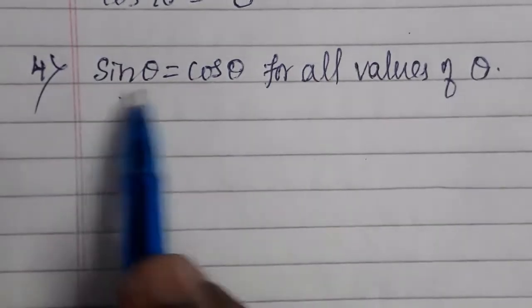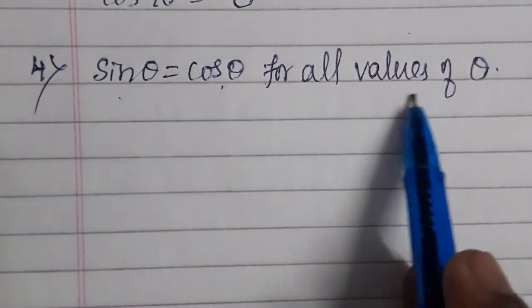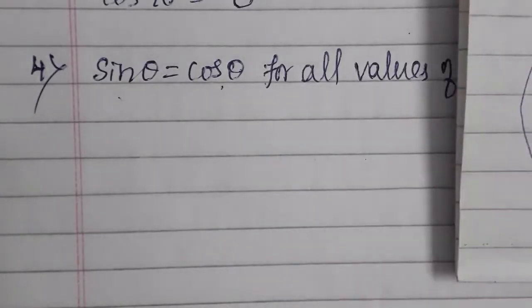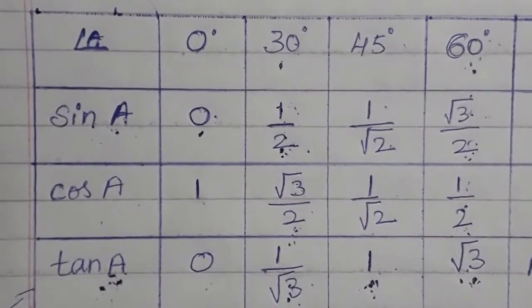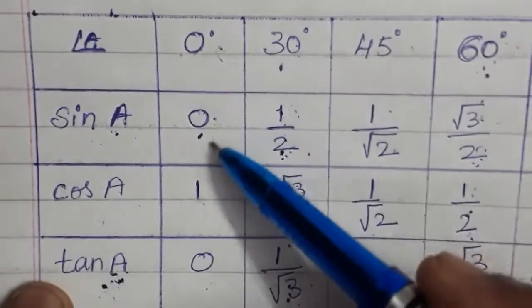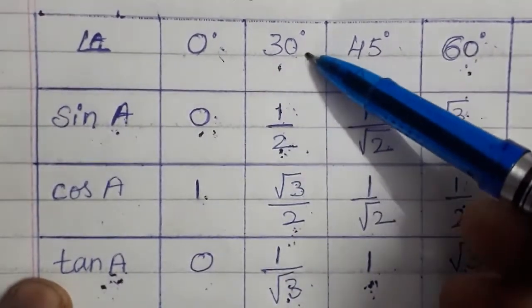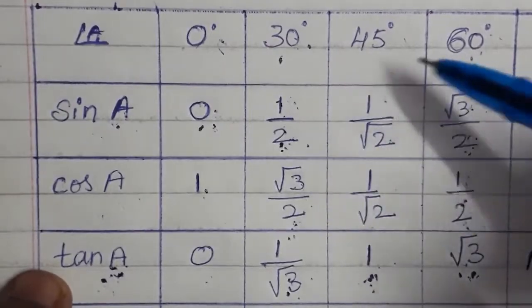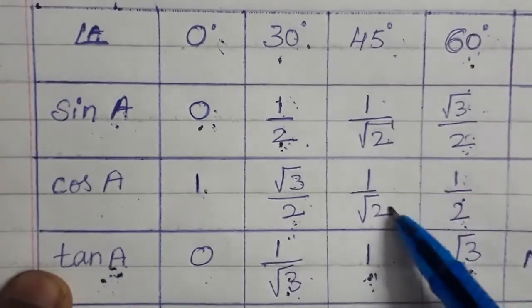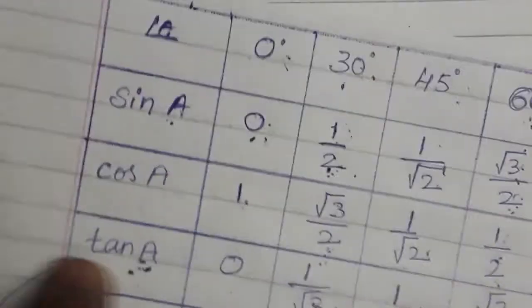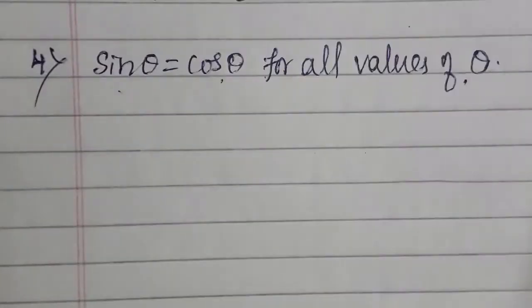The next is, sin theta is equal to cos theta for all values of theta. We will check the table. You should remember the table. I am just showing you the table. If you notice, cos 0 and sin 0 are different. Cos 30 and sin 30 are different. Cos 45 is the same. Cos 60 is different and cos 90 is also different.